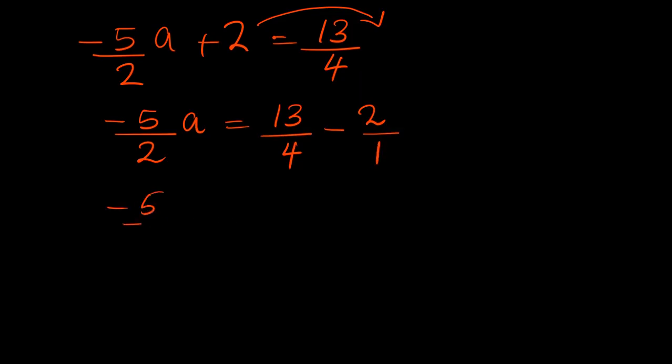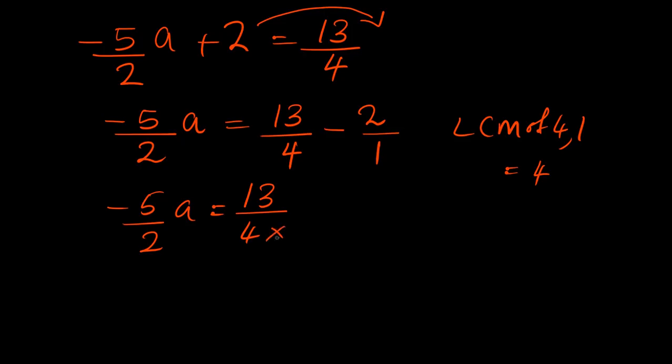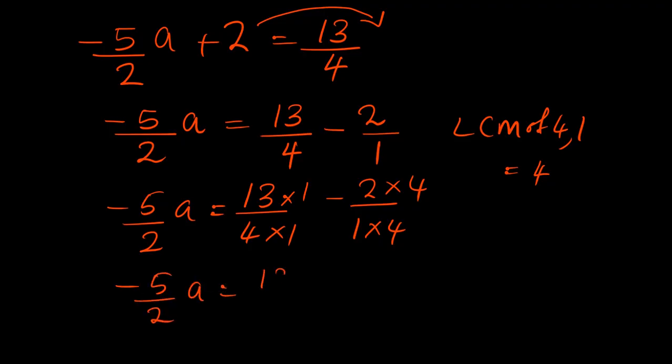So negative 5 over 2a is equal to, LCM of 4 and 1 is 4 since they don't have any common factors. So 13 over 4, here it is already 4, so there is no need to do anything, minus 2 over 1 times 4 times 4. So negative 5 over 2a is equal to 13 over 4 minus 8 over 4.